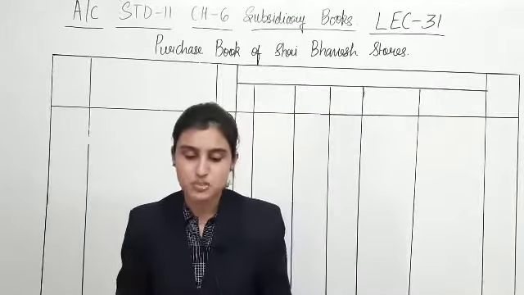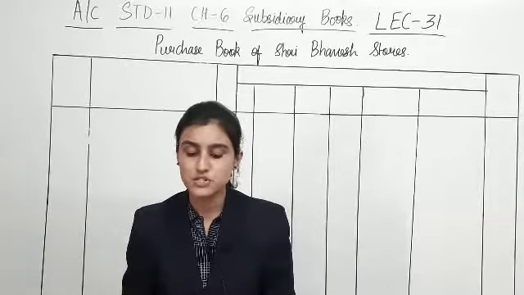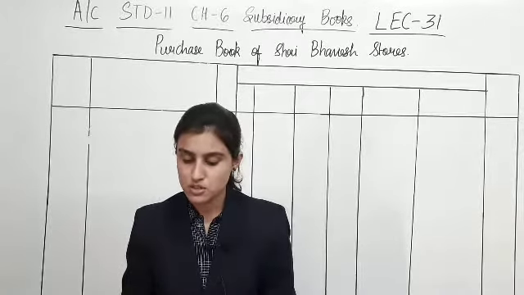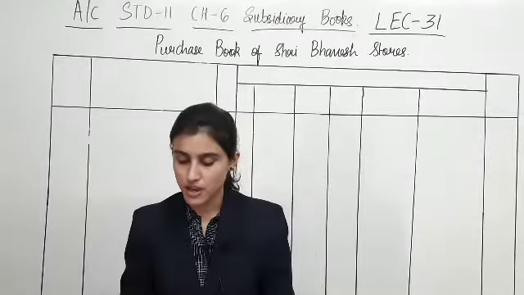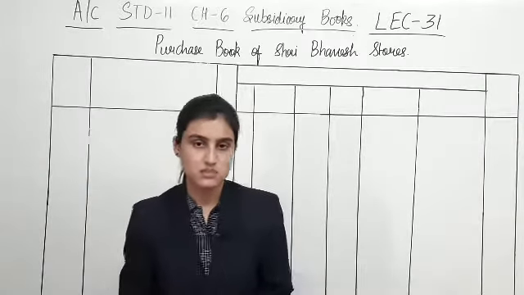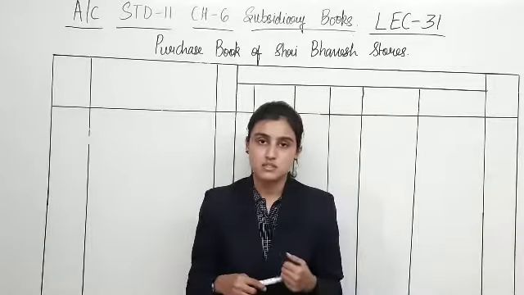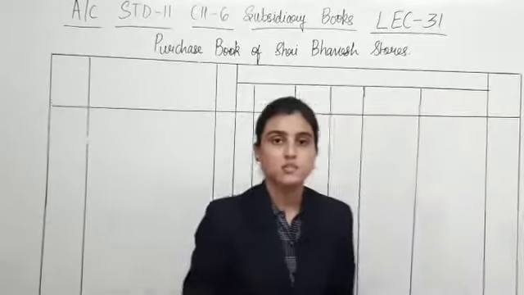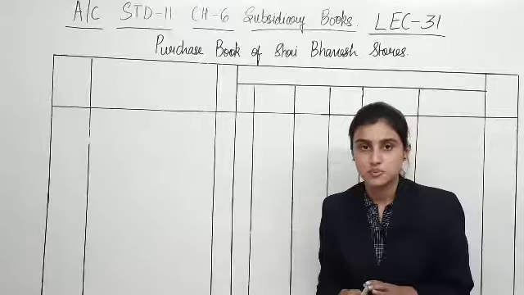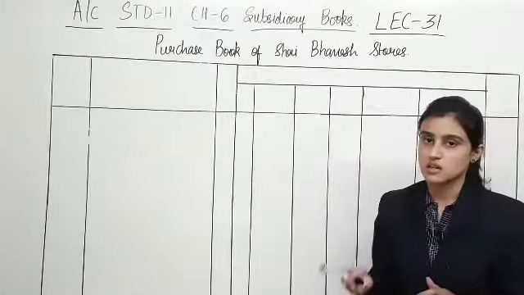Last transaction for sum number 12: Karan returned half of the goods and proportionate amount of carriage was given credit. Karan is the person to whom goods have been sold by us. So this transaction has been recorded in the sales book already. The name of the customer is Karan.